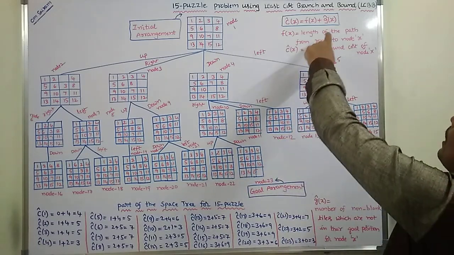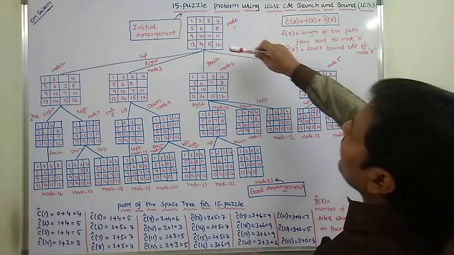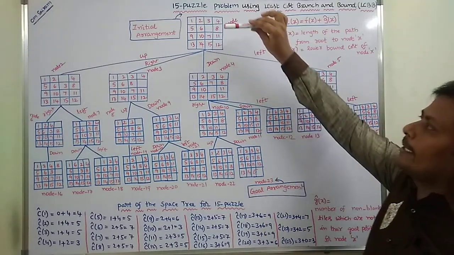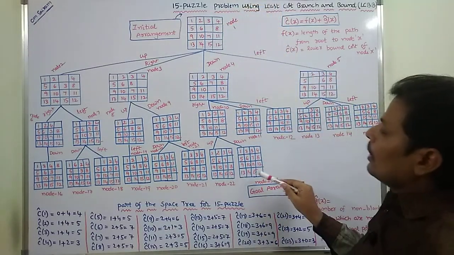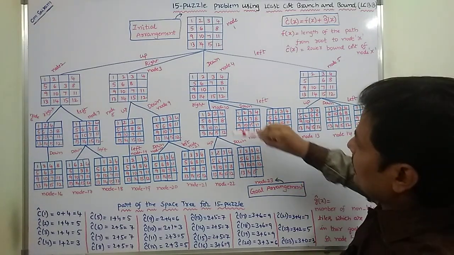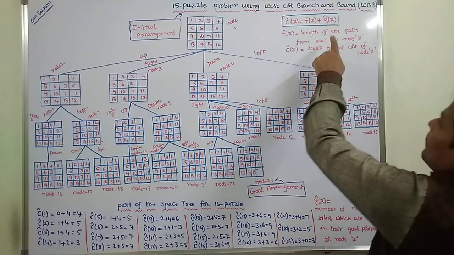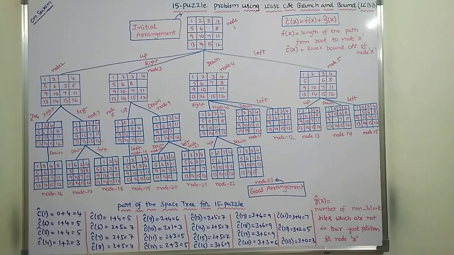So the length of the path from the root node to node x is the number of edges between them, from the root node to the goal node, that is node x. This is 1 edge, second edge, third edge. So the length of the path is 3. Next, g cap of x is equal to the number of non-blank tiles which are not in their goal position for node x.